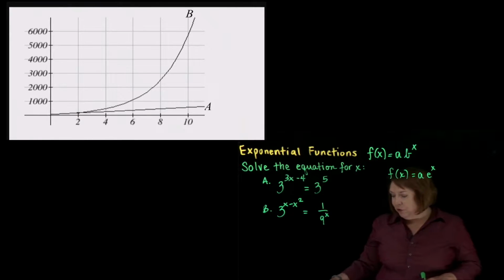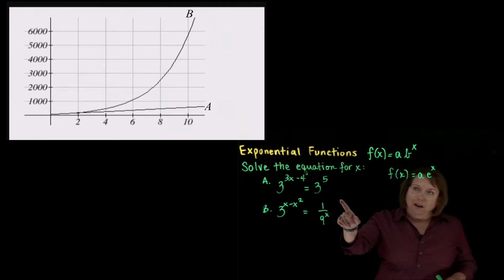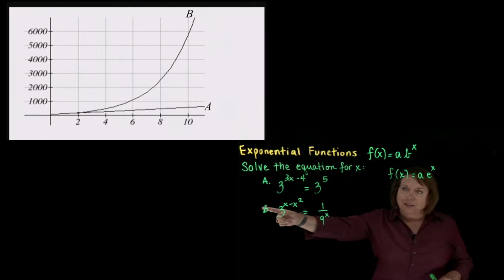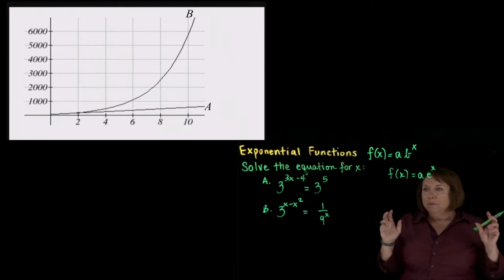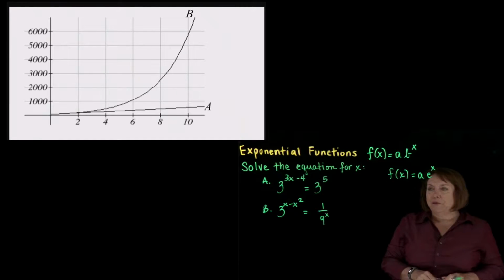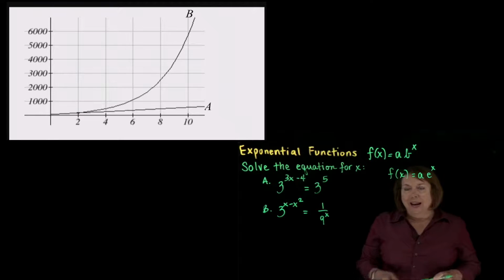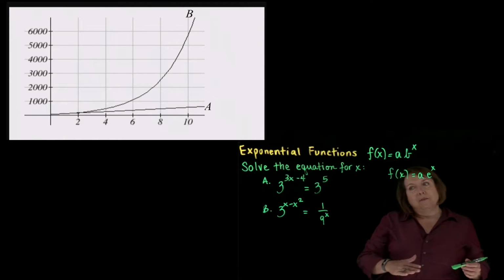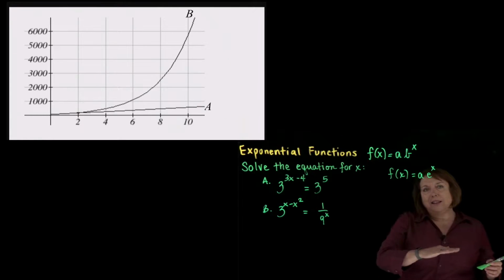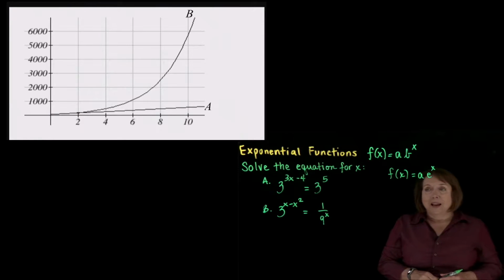But before we do so, I wanted to show you the graphic on the left side here. You can see two graphs. You see a linear graph, labeled A, and that's a very slow moving, barely increasing linear function.